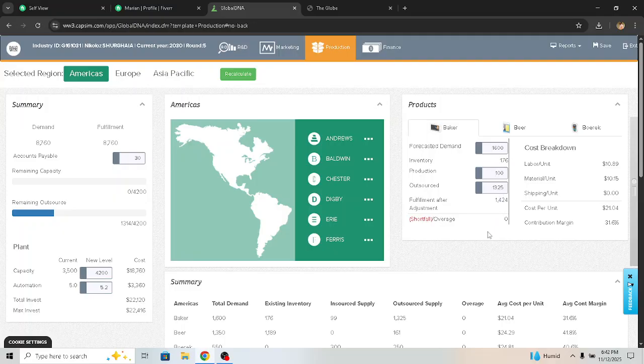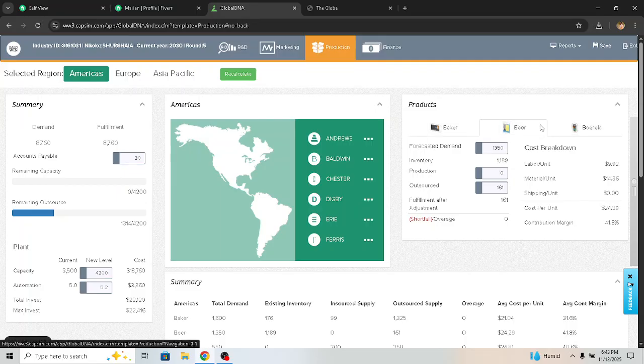What we mean is we are going to produce only 1,000 units this round, but we are going to import 1,325 units from abroad. You realize that we have a contribution margin of 31.6%, and this indicates that we are above 30%, which is the average we should have as the contribution margin.